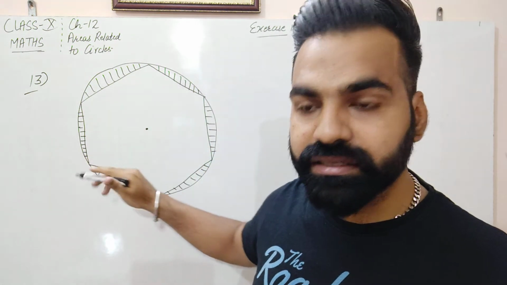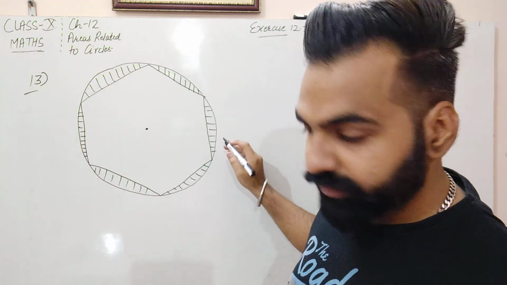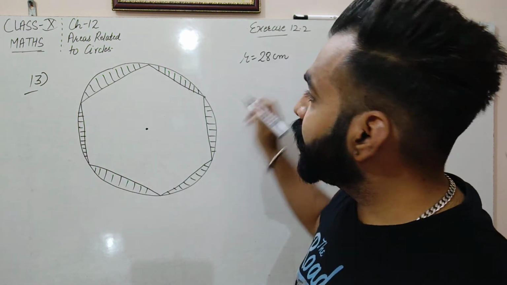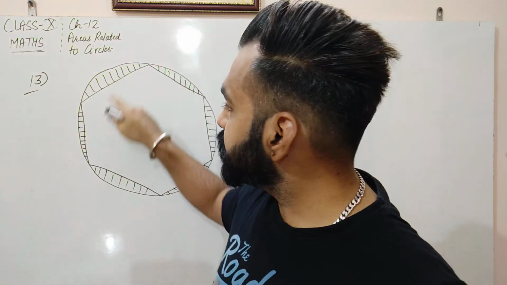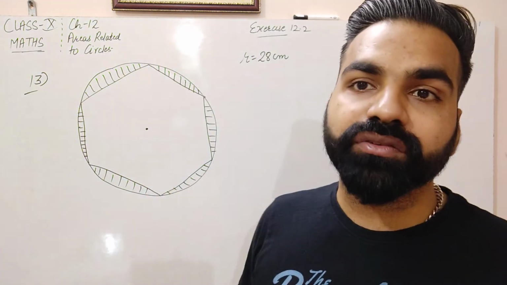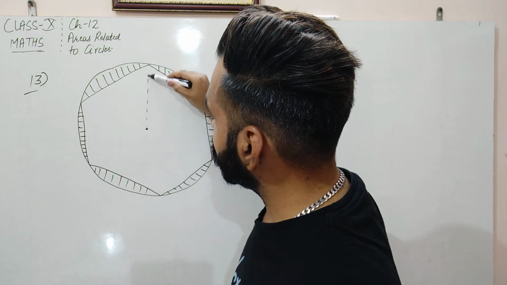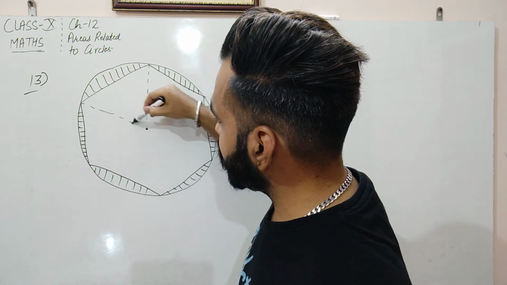Radius of the circle is given, that is 28 centimeter, r is 28 centimeter, and we can see that there are total 6 parts here and each part forms a minor segment. If we join here, this is the radius, this is the radius.